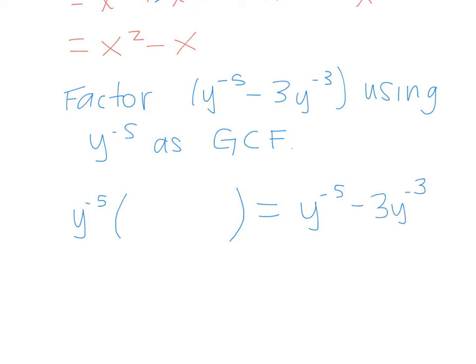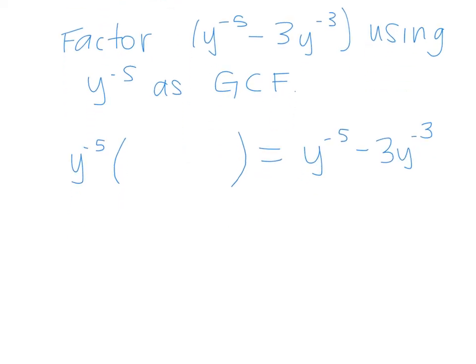So our job is to figure out, when we take this greatest common factor out of this term and this term, what are we going to get here and here? So if we take a y to the -5 out of y to the -5, well, that's going to be a 1. And then we can just test that: 1 times y to the -5 gets us back to that term.